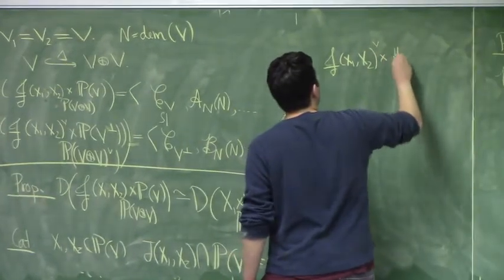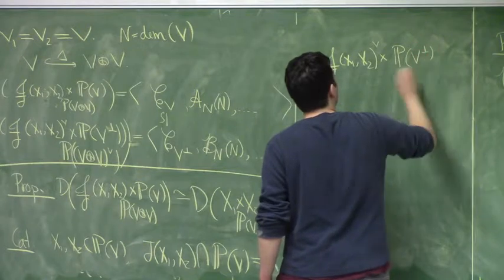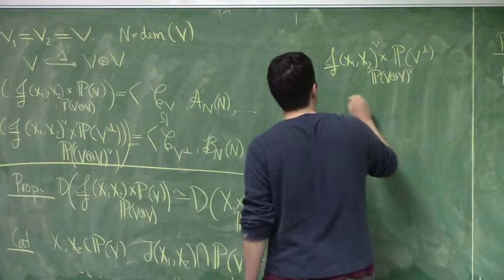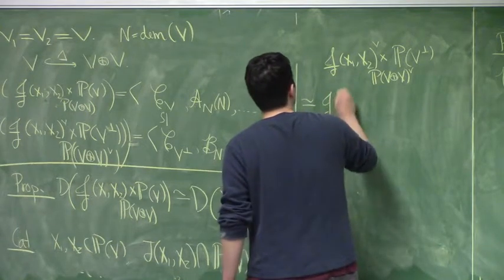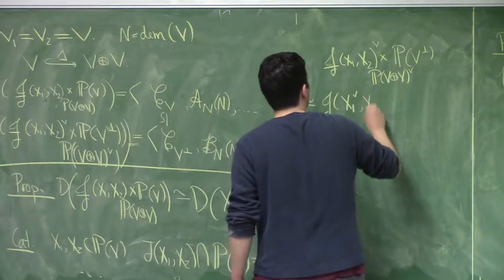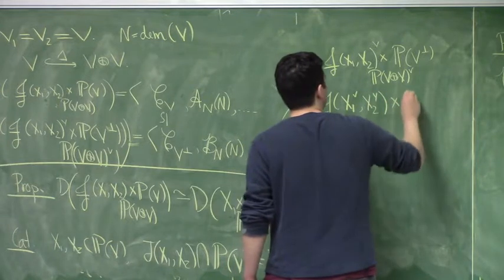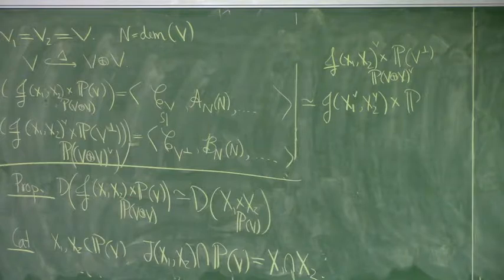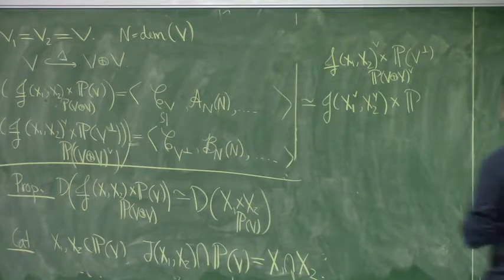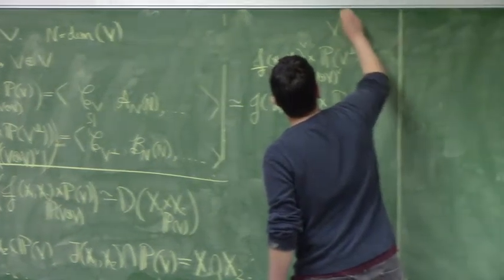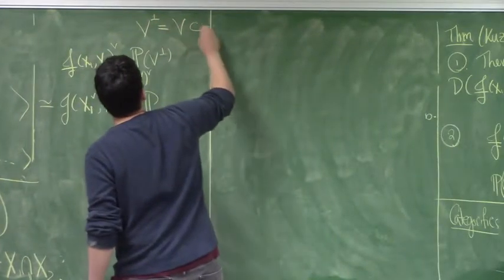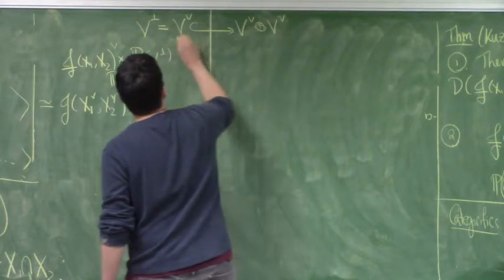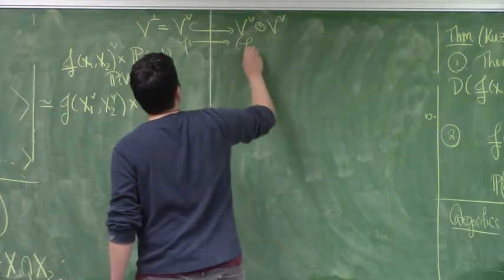Here, this thing is equivalent by the theorem to the join of X1 dual, X2 dual, and I should take the fiber product with the V perp. What is this V perp? If you think about it, it's really just the embedding of V dual into V dual plus V dual, given by sending phi to phi, minus phi.